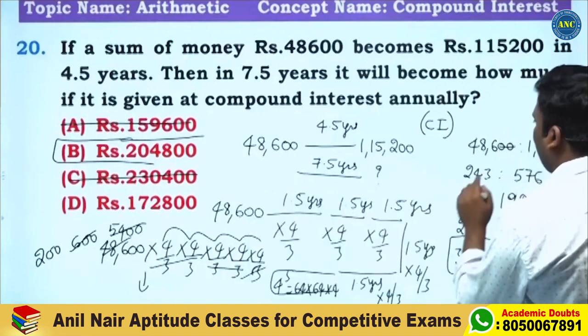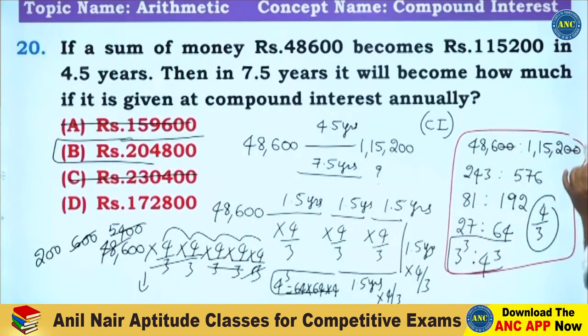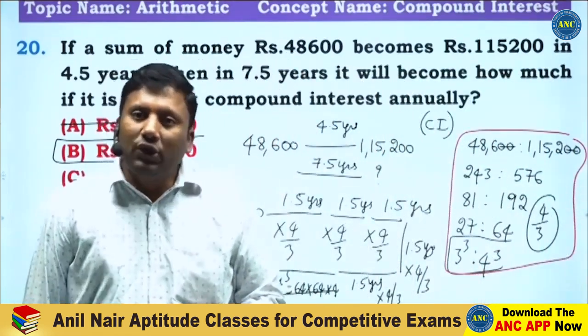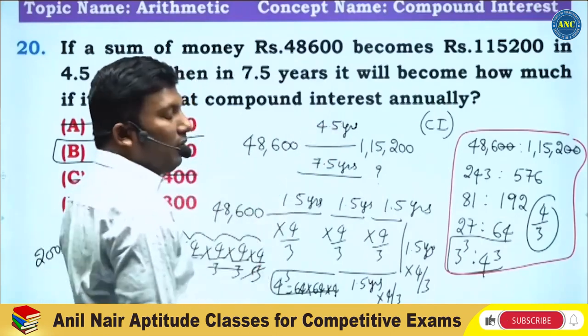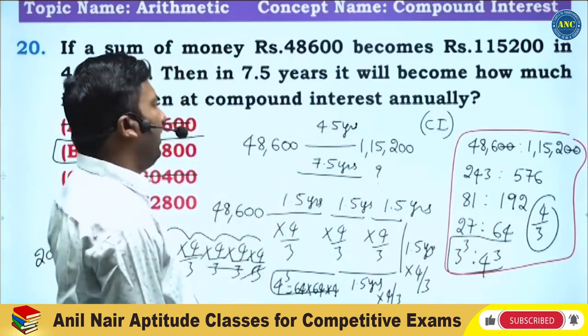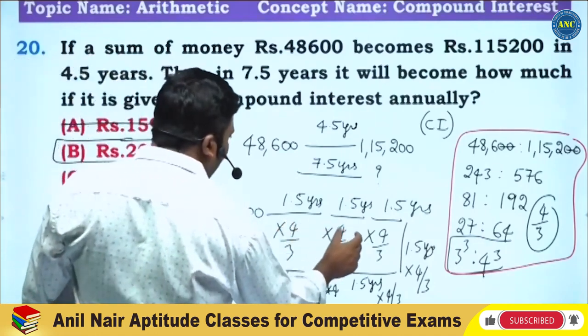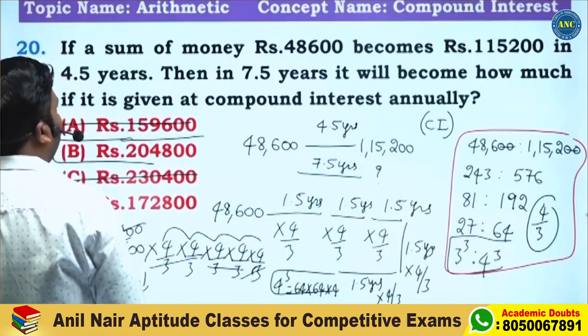Only thing you need to understand is how you obtain the scaling factors and divide the time period. If the scaling factor is 3 cube is to 4 cube, divide the time period into 3 equal parts. So I divided 4 by 3, 4 by 3, 4 by 3. I require 7.5 years.